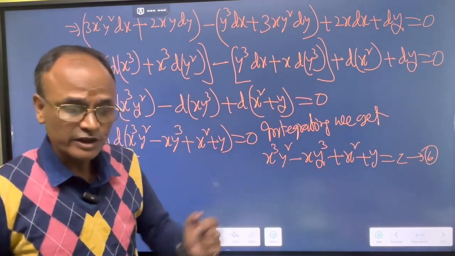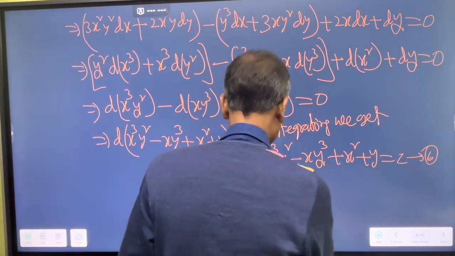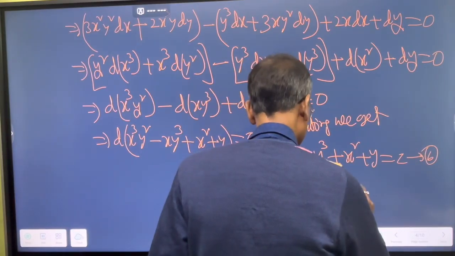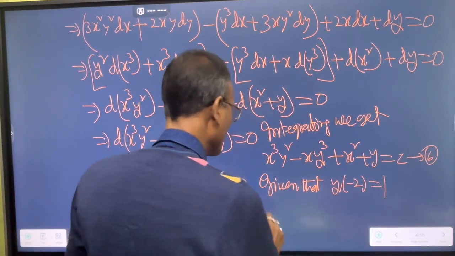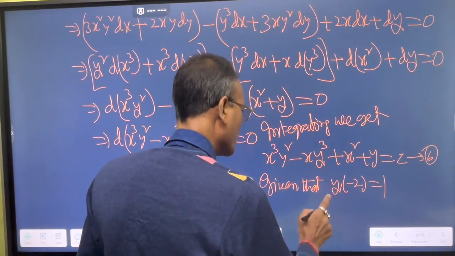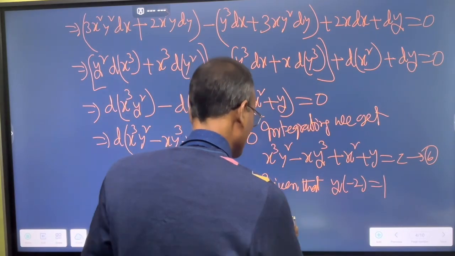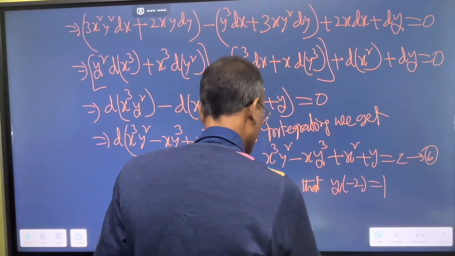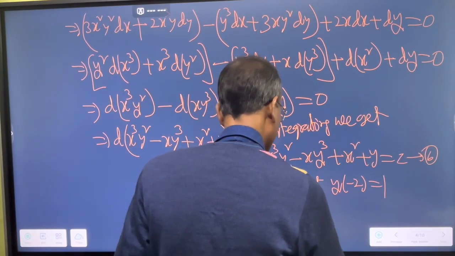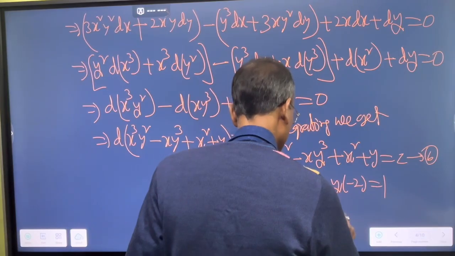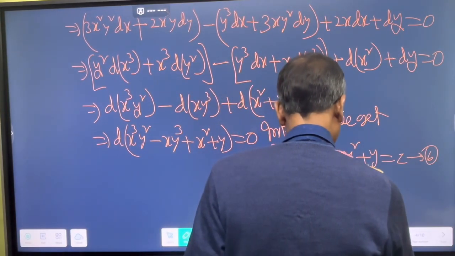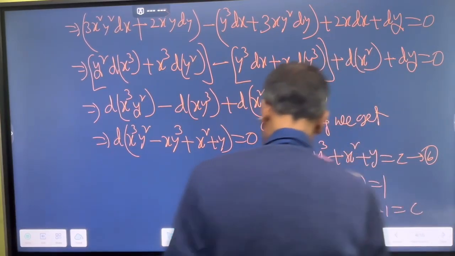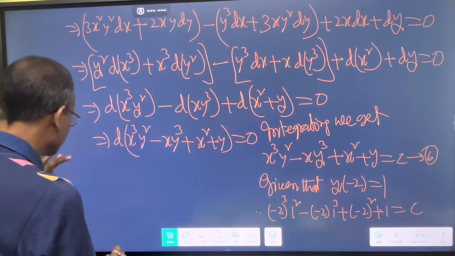Now apply the given condition: y(−2) equal to 1 is given there. Therefore put x equal to −2, y equal to 1: (−2)³(1)² − (−2)(1)³ + (−2)² + 1 equal to c.